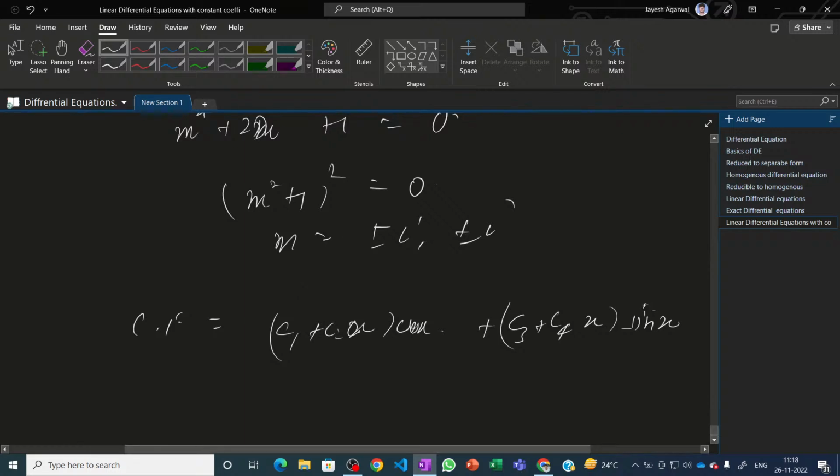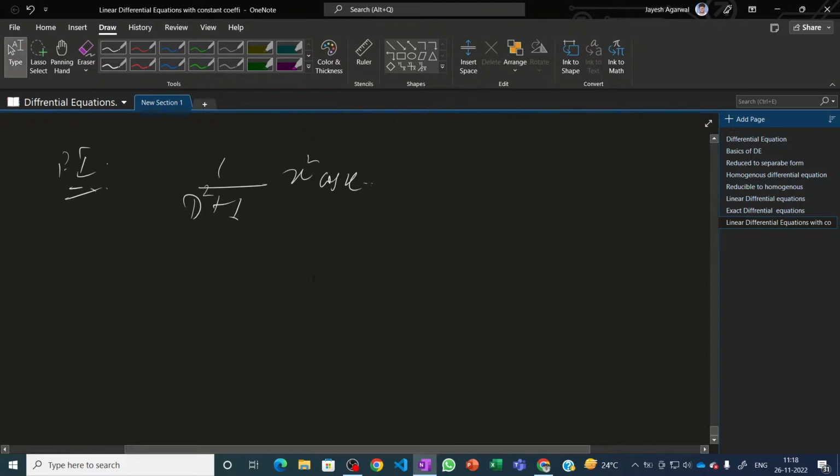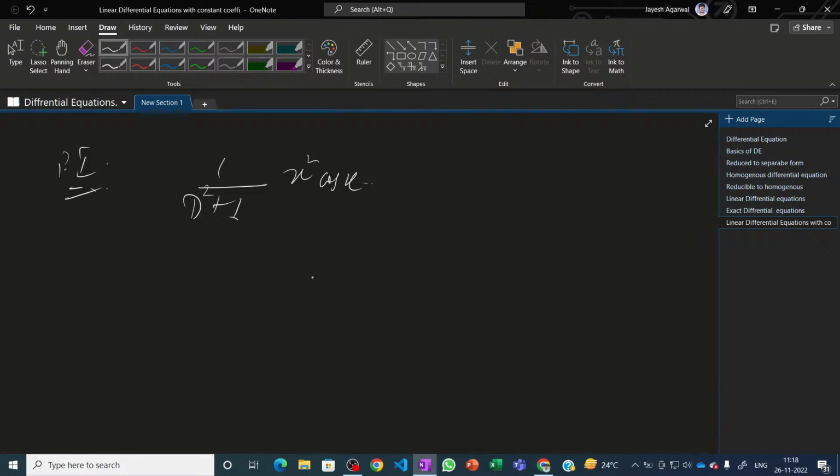Now the second part is the calculation of the particular integral or PI. Then it would be 1 upon (D square plus 1) times x square cos x. Now here there is a twist in the question. We need to calculate it separately.